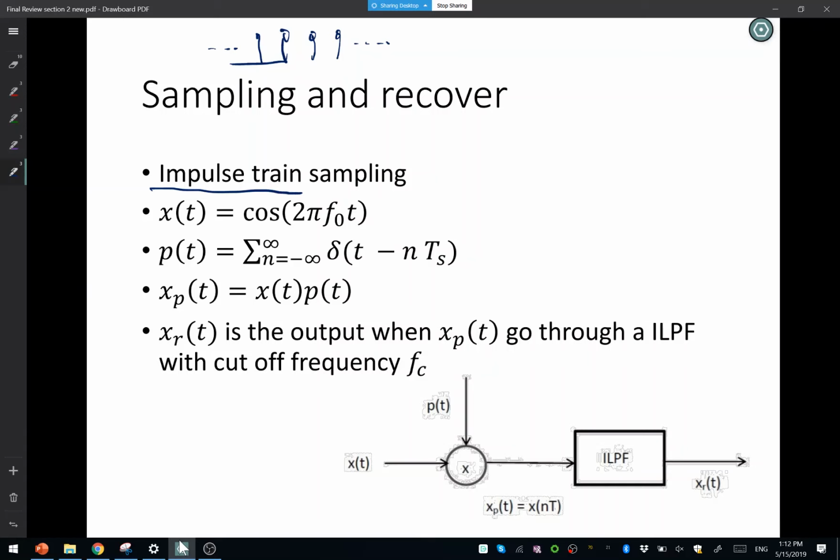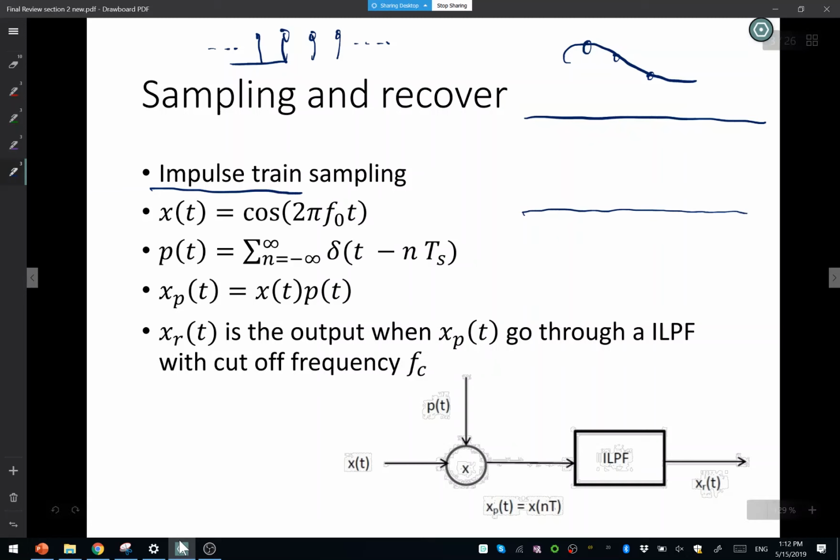What we see in the sampling process is that we have a continuous signal, and we take several points out of it as a group of numbers. This is actually the same as several impulse function signals, but they have values.